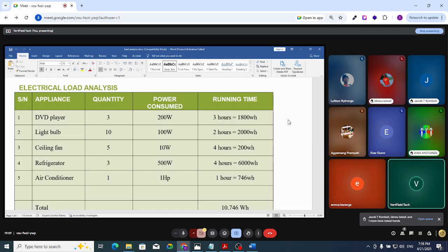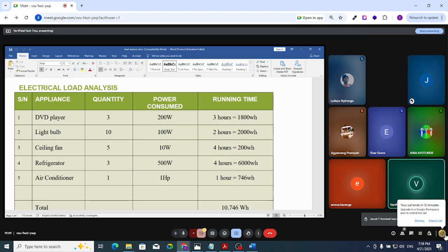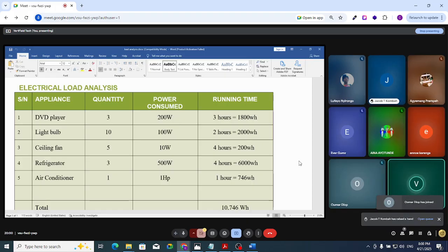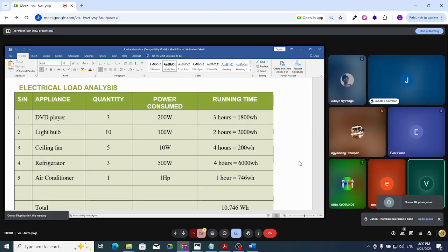All right, so at this stage, like we said earlier, this is the stage where you can say categorically that you have been able to do justice to this your client facility. On one hand, you are not complete. Just as Mr. Jacob asked, what is the right size of inverter system suitable to power up this facility?